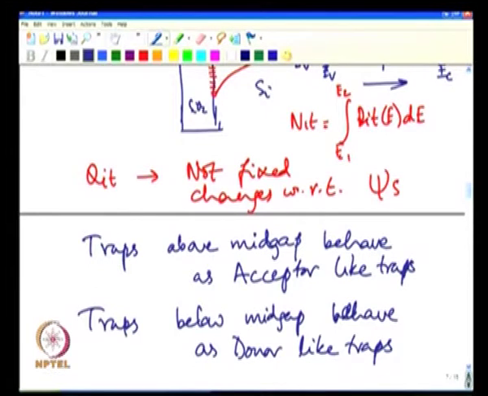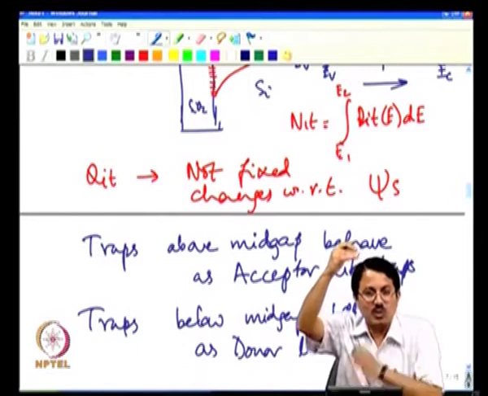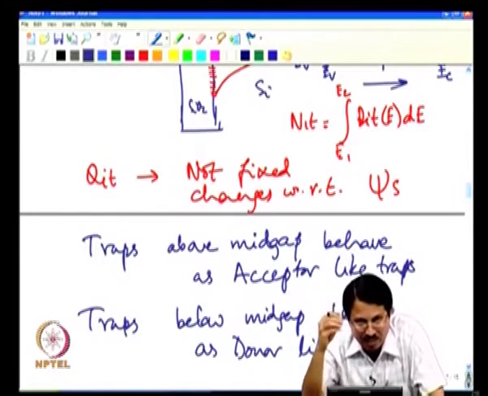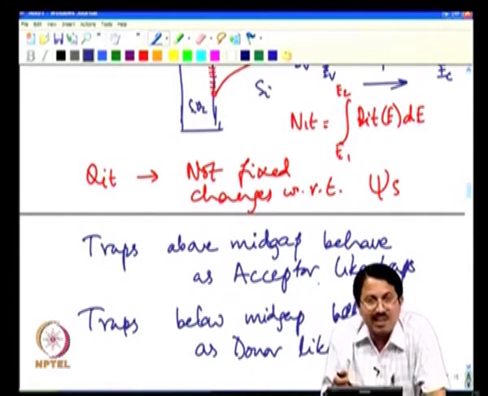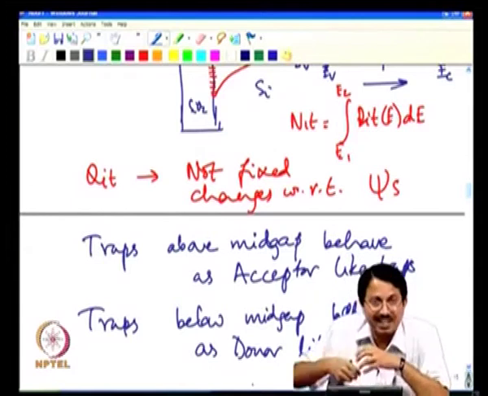Now, donor like and acceptor like are used loosely here. If you are talking of phosphorus as a donor, the donor is very close to the conduction band, and it donates an electron. The traps are not good donors, because they behave as donor like but sit below mid gap, so they can't really donate.